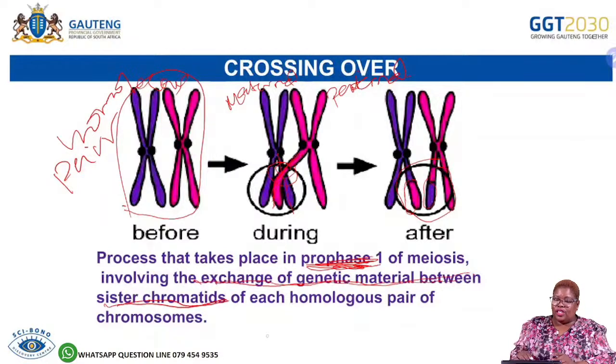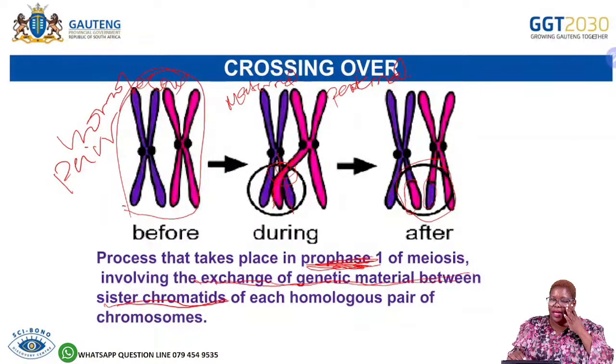So it is important to understand the process of crossing over. Think of what? Homologous pairs. What do sister chromatids do? They overlap. After overlapping, you can see the exchanging of genetic material. So this section shows that the paternal and maternal chromatids exchanged these sections here.